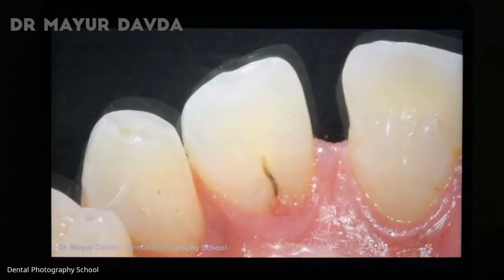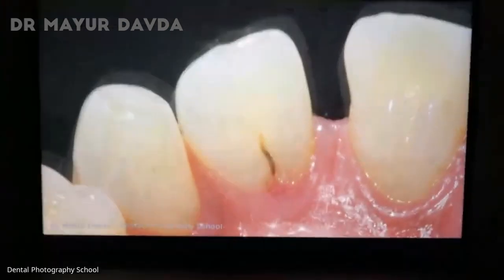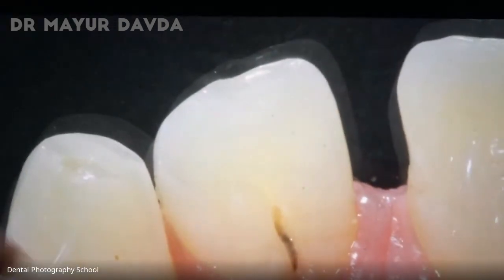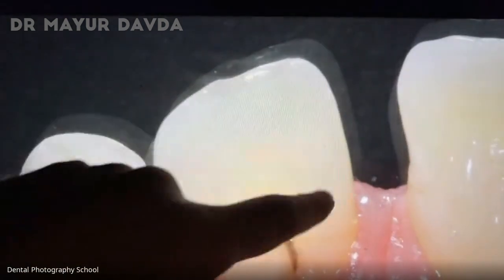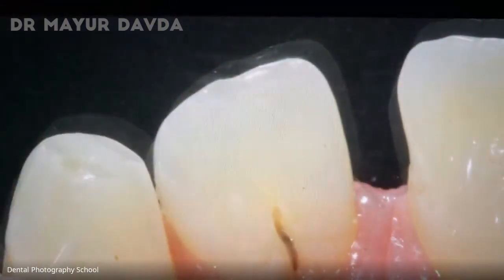The last thing is, please don't use back surface coated mirrors and straight mirrors, because can you see this image closely? You can not only see the real tooth but a halo around it also. This is because of back surface coated mirrors. I request everybody to stop using these kind of mirrors. Can you appreciate this halo around the main subject?